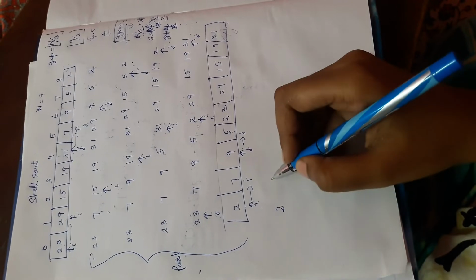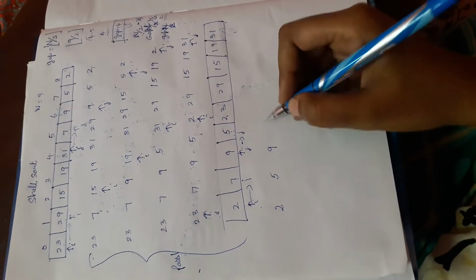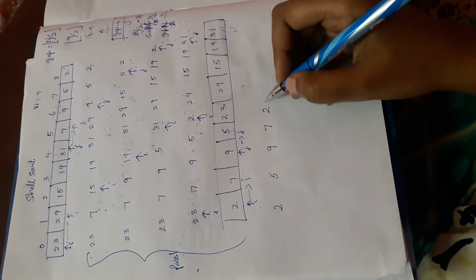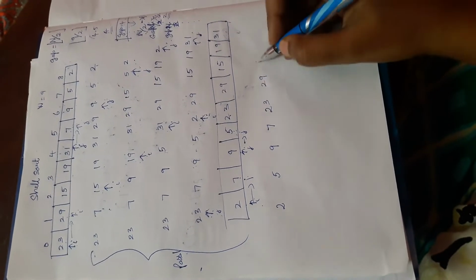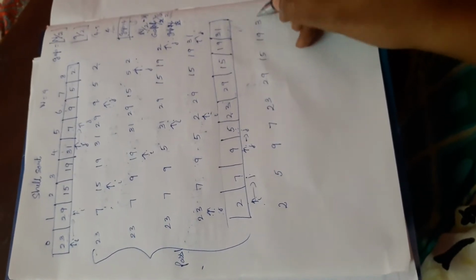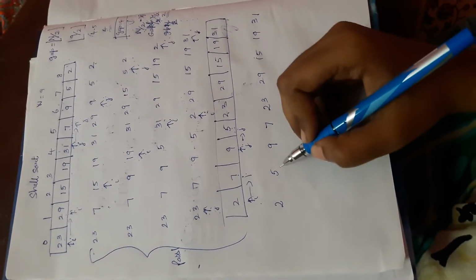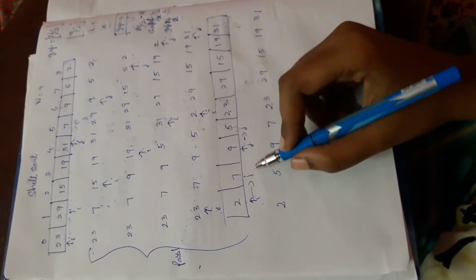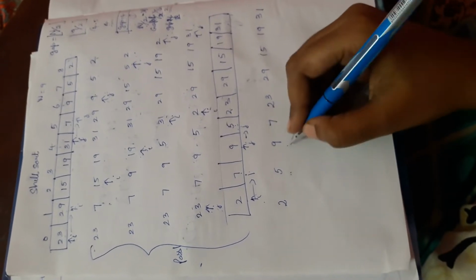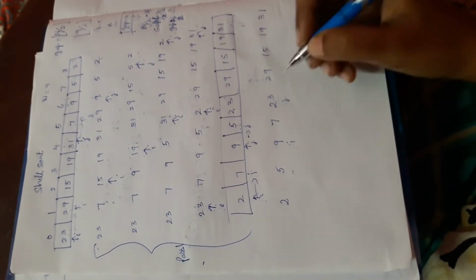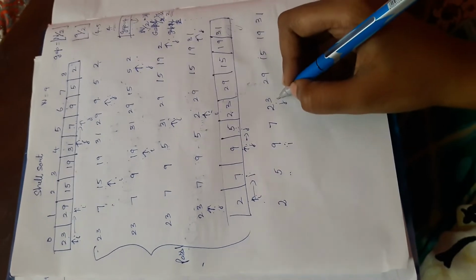So now 7, 5, 9, 7, 23, 29, 15, 19 and 31. So now again I will check the condition. The i position will be shifted one position further. Okay, i will be here and j will be here. Again I am comparing 9 and 23.